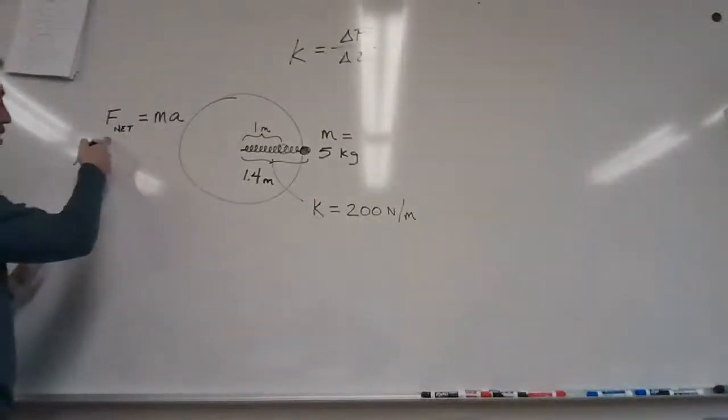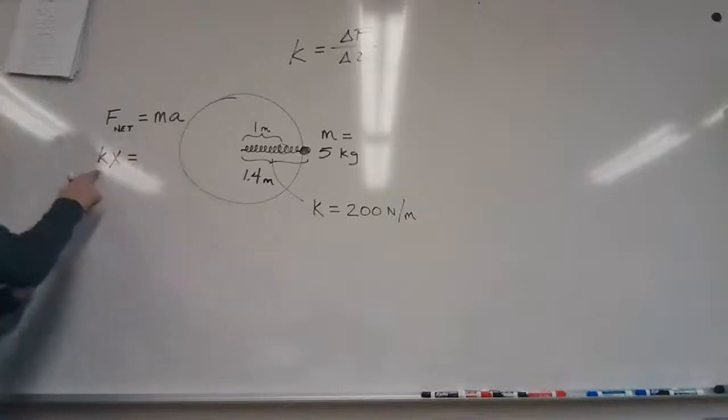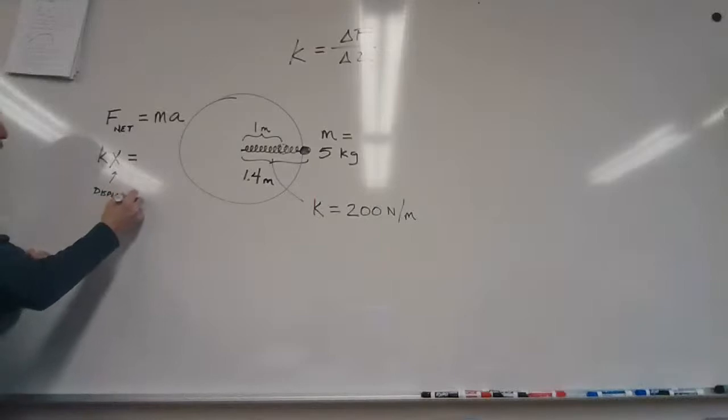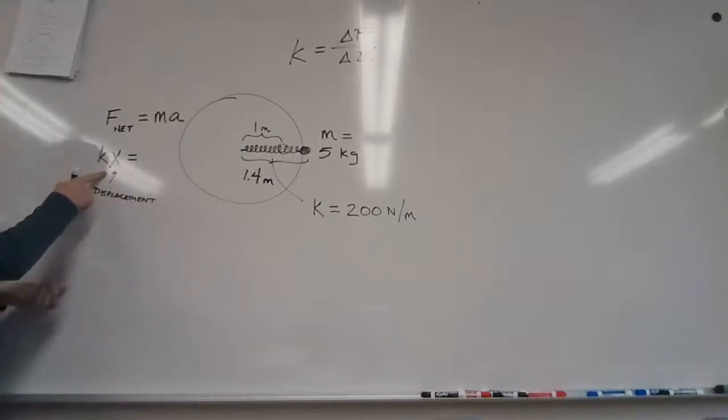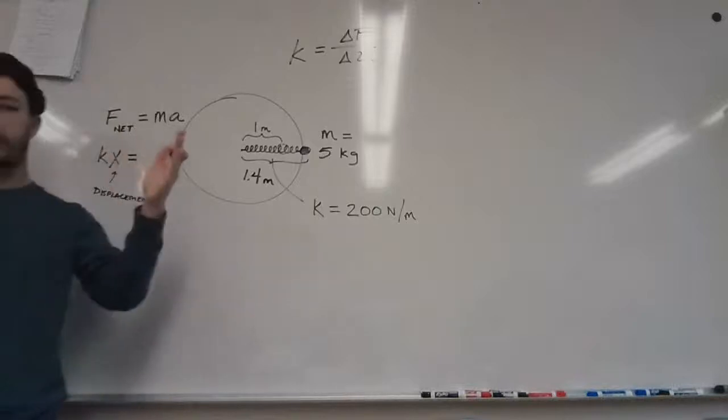So this is going to be basically Kx, right? Kx, with x being the displacement, another way of writing delta L. That makes sense? Like x being the displacement, how much the spring changed in length?